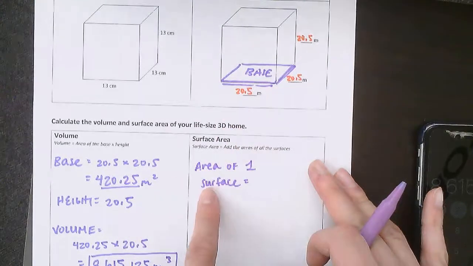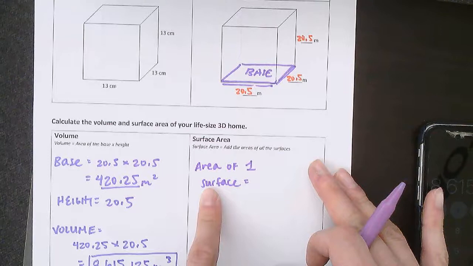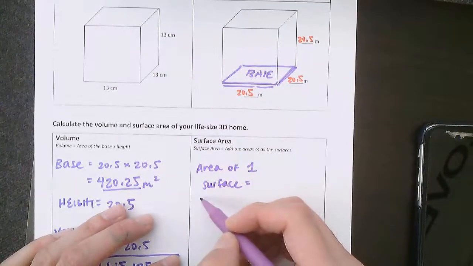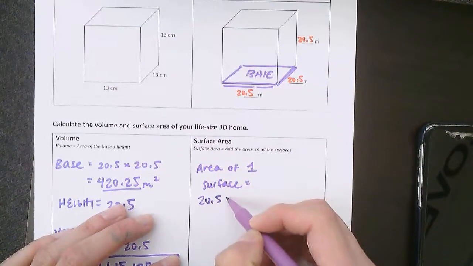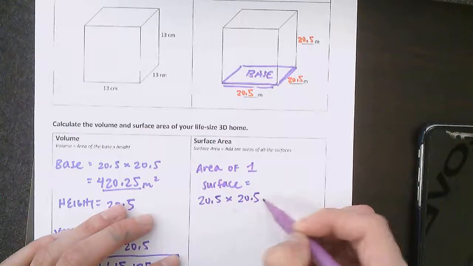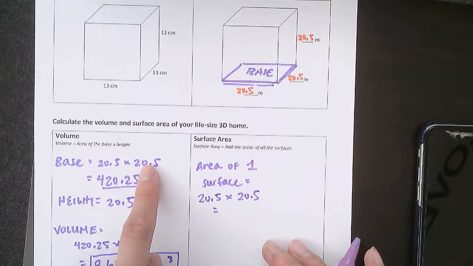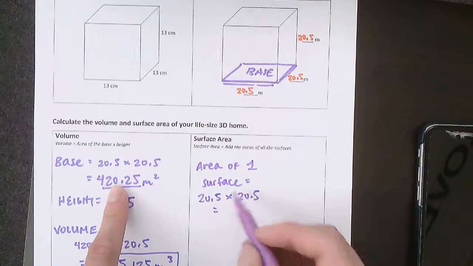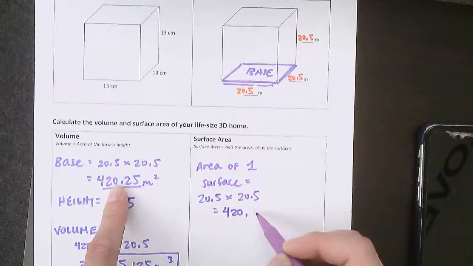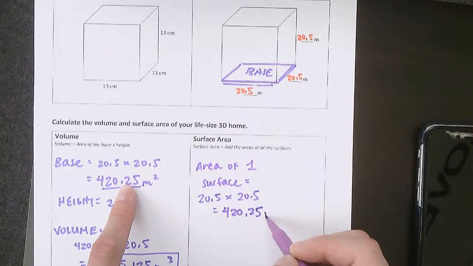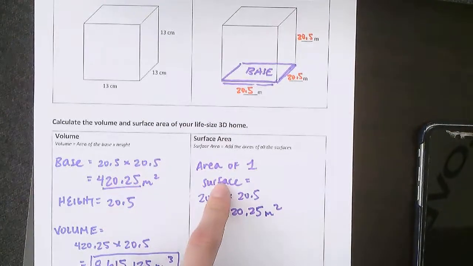So this times this gives me the area of one surface. It's going to be 20.5 times 20.5. And I already did the math right here, 20.5 times 20.5 is that right there. 420.25 meters squared is the area of one surface.